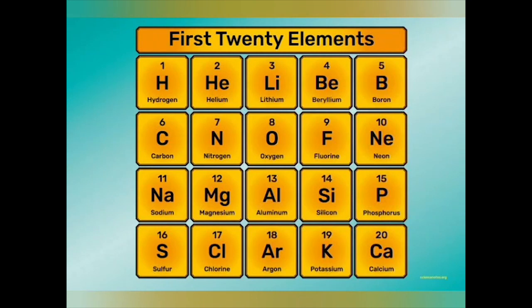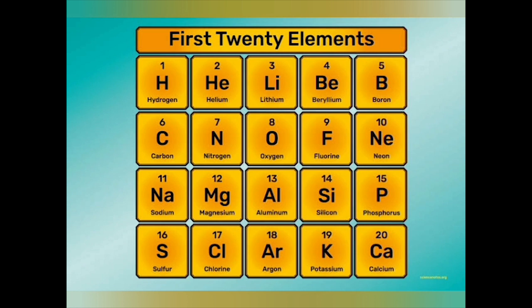Hydrogen is represented by capital H. Helium, capital H and small letter e. Lithium, capital L, small letter i. Beryllium, capital B, small letter e. Boron is represented by a single letter, capital B. Carbon, single letter, capital C. Nitrogen, single letter, capital N. Oxygen, fluorine, then neon, capital N, small letter e.